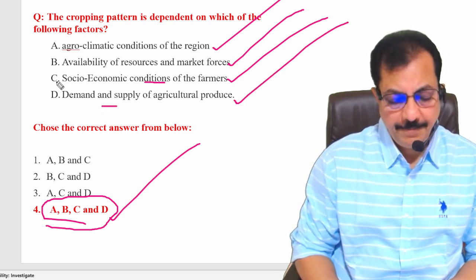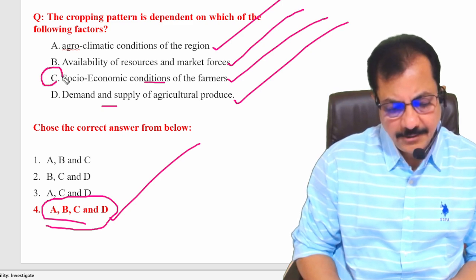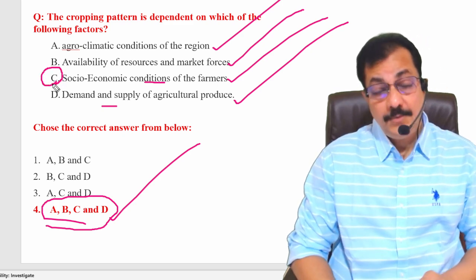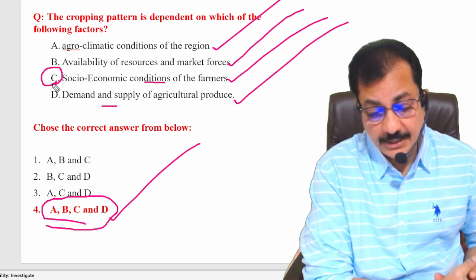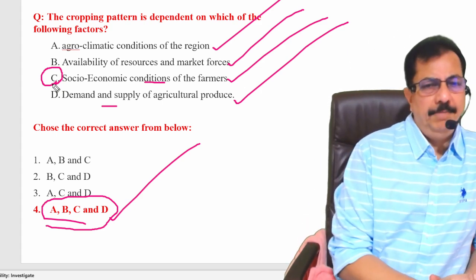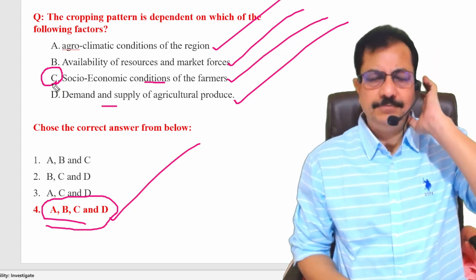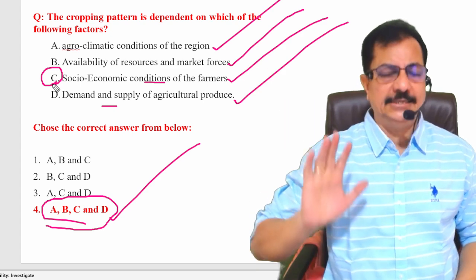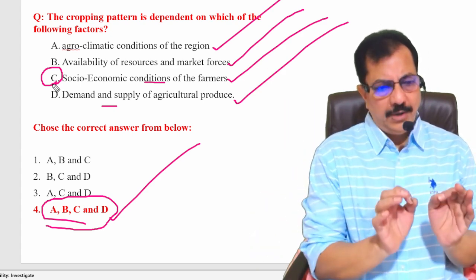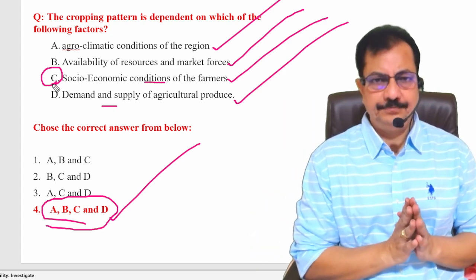Kindly remember this one. If you look at option C, because of the socio-economic conditions of the farmers, because of their past, because of their practices, they will try to go for cultivation of certain crops.